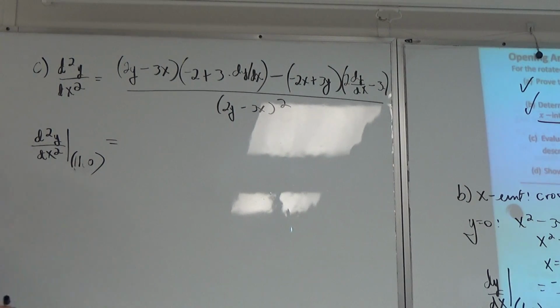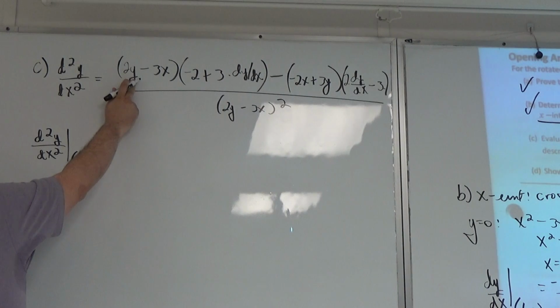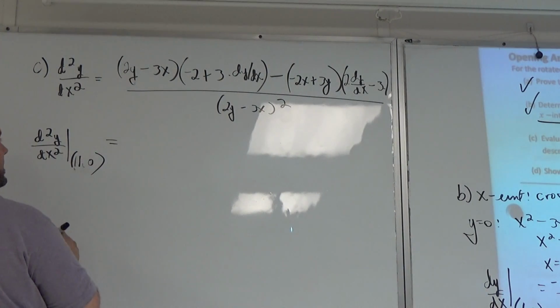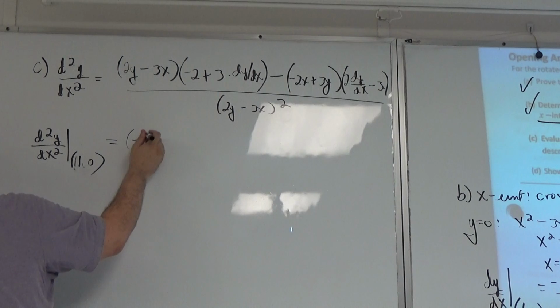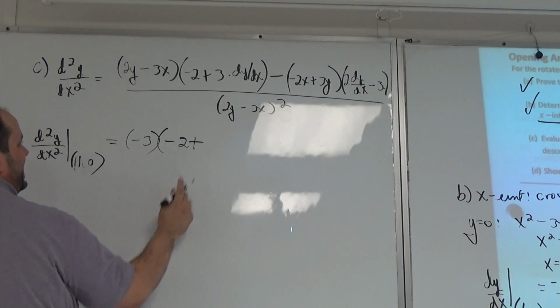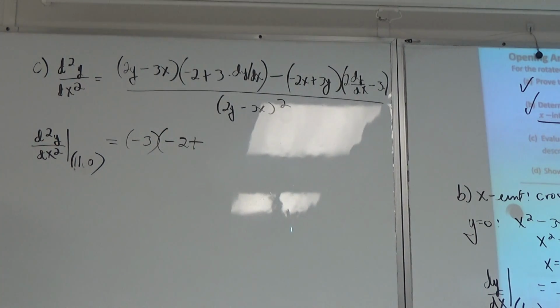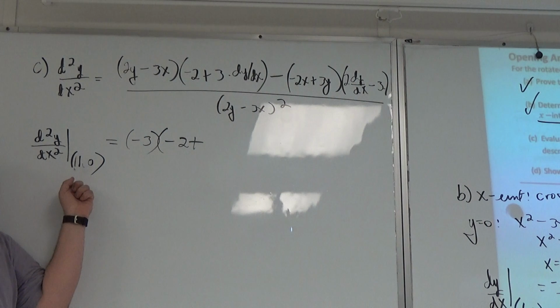Some of it's going to be wicked easy. 2 times the y value, 0, minus 3 times the x value. How about negative 3? Parentheses, negative 2 plus 3 times the derivative. And this is the one that's going to sneak up on you. Don't you have to use this equation? Right, I'm asking for the second derivative at 1 comma 0. Good news.